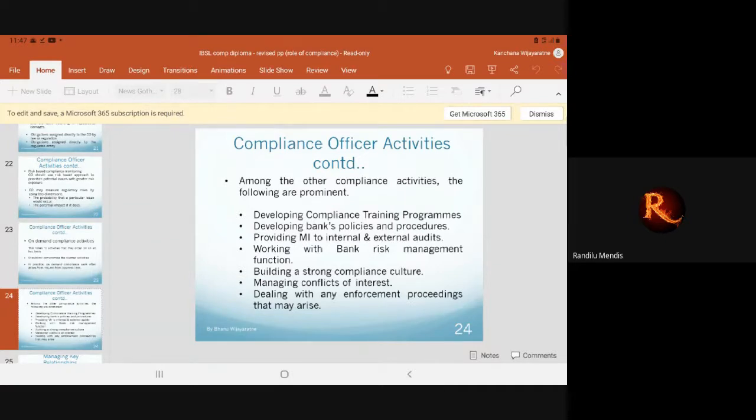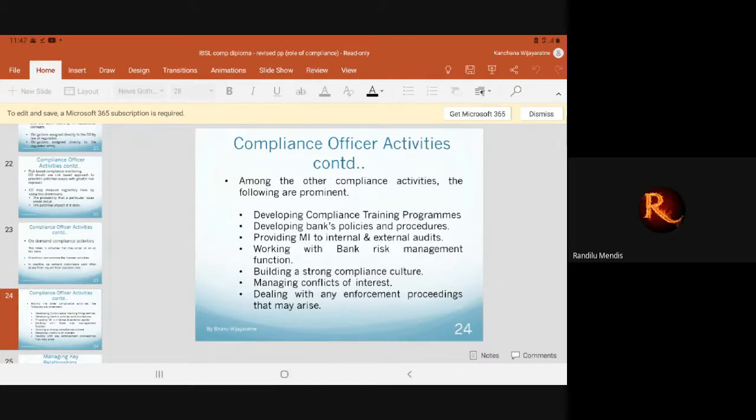Once the policy is crafted, you have to go through it very carefully to see whether all regulatory requirements governing that particular area are duly captured into the policy. Or in other words, whether this policy is breaching or conflicting with any regulatory requirement relating to that area. That's why compliance needs to keep a tab on every policy of the bank, right?